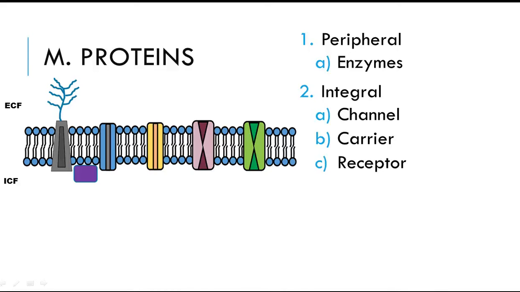Another foundation important for comprehending what's going on this semester is the role of receptors. Receptors, as their name implies, do what? Receive. So some of our integral membrane proteins may serve as receptors.